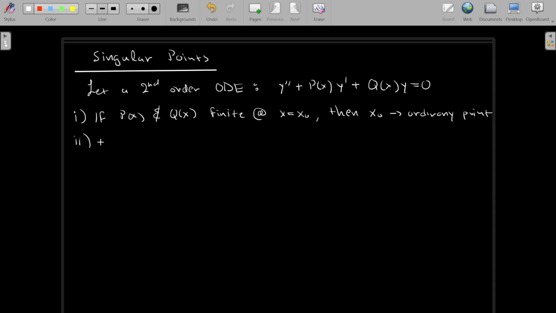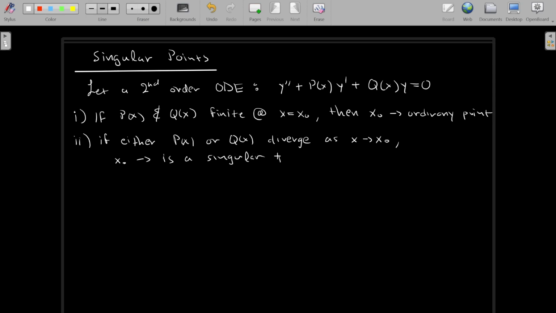Now, if either p(x) or q(x) diverge as x goes to x0, then x0 is called a singular point.